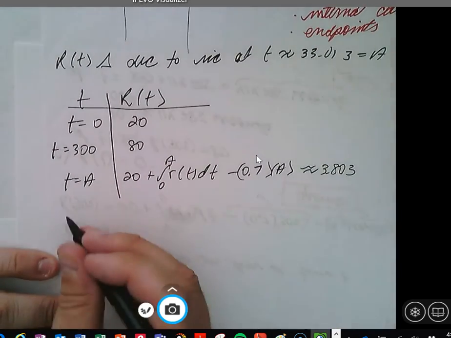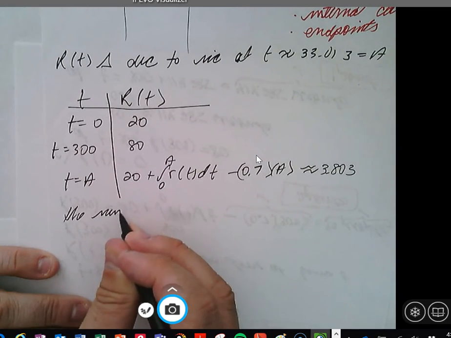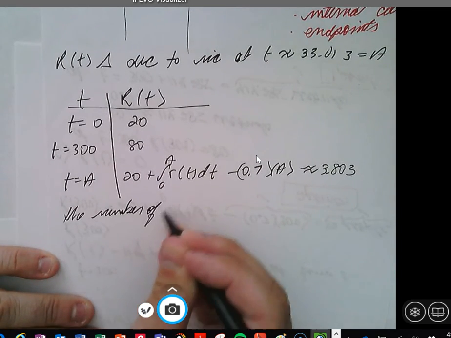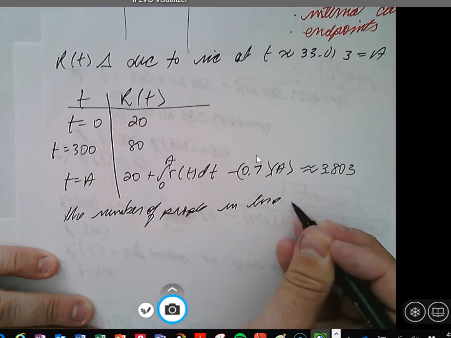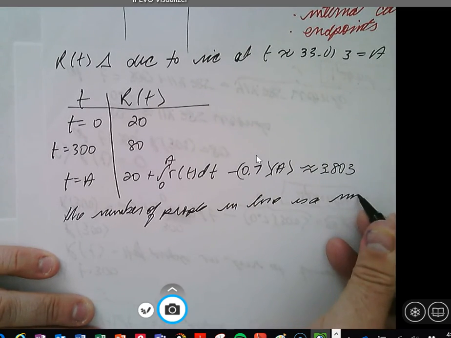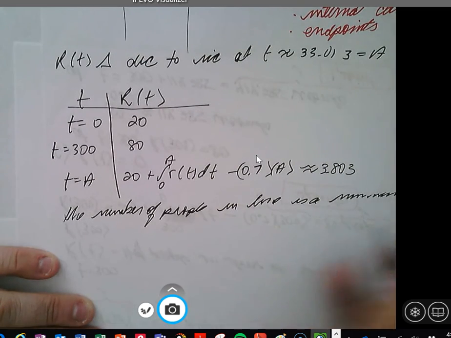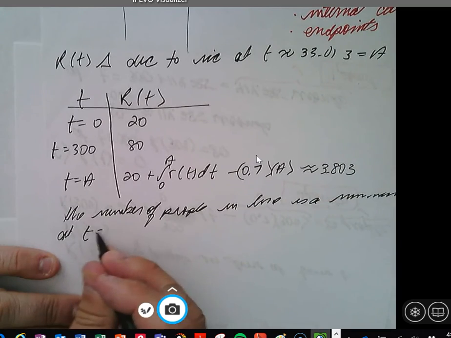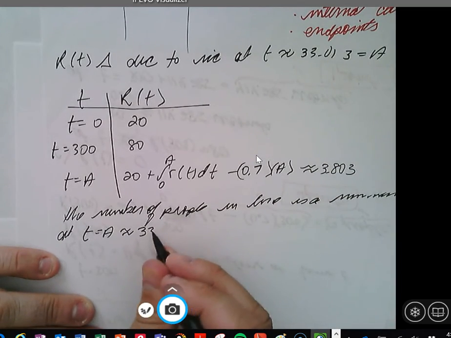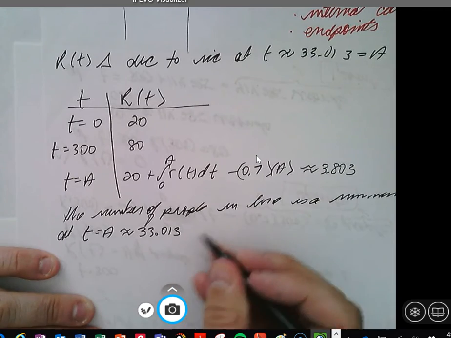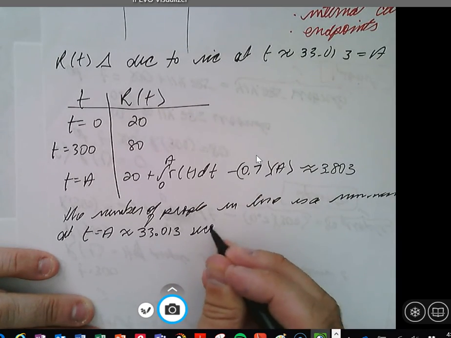So I would say this. The number of people in line is a minimum at t equals A, 33.013 seconds.